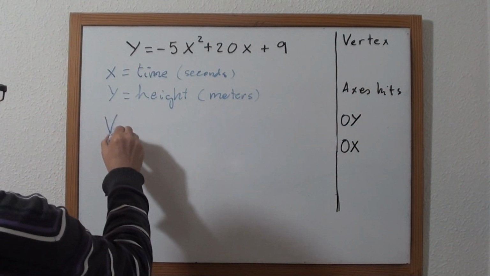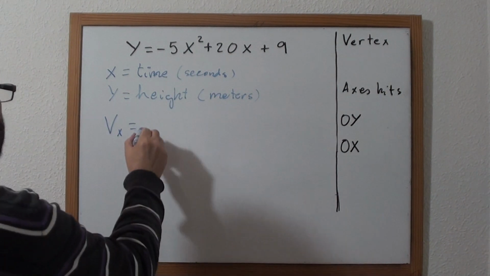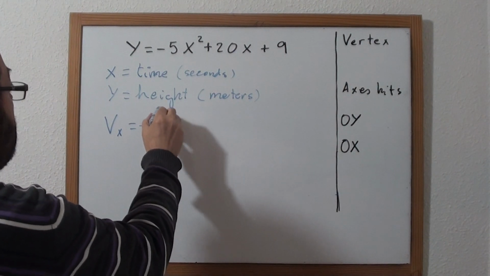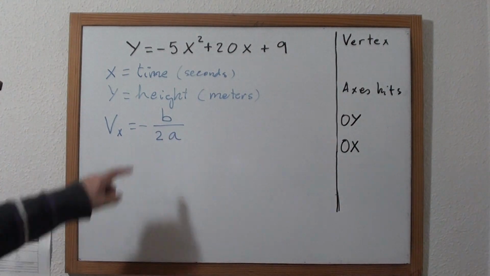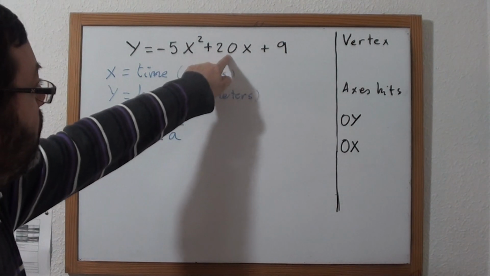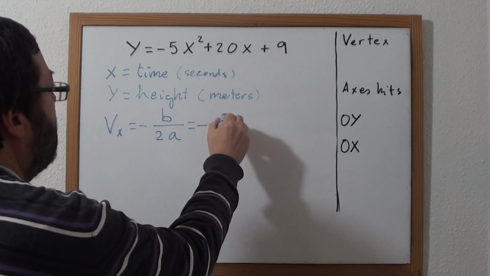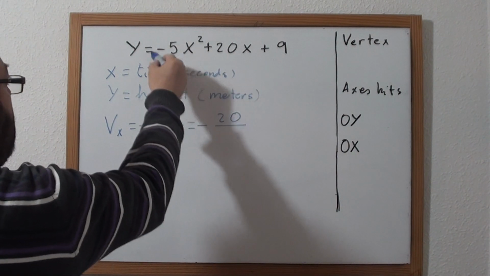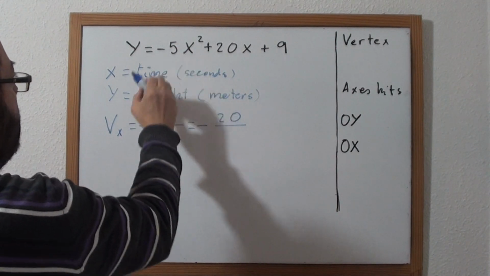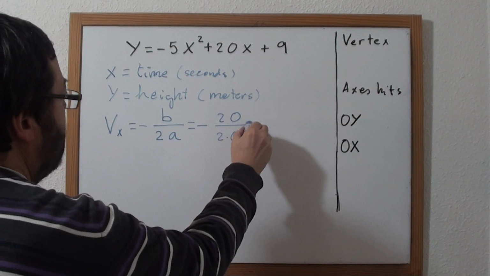Remember the formula to find the vertex. To find the x-coordinate of the vertex, we apply a formula which is minus b divided by 2a. Okay, so b, remember, was the coefficient of the x in the parabola, so this would be minus 20 divided by 2a, and a was the coefficient of the x squared, so 2a would be 2 times -5.